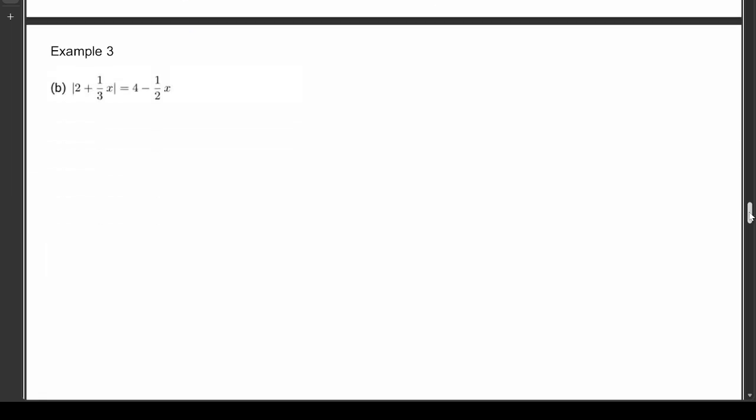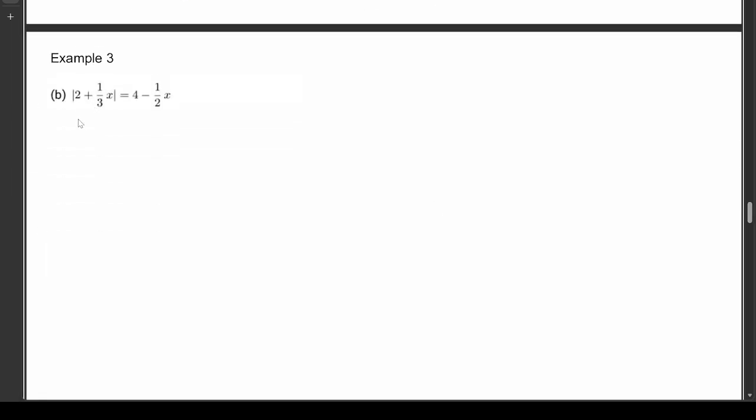Okay. Second one, B. So you can see again very similar modulus equation. Only thing is it has a fraction, right? So you solve it as usual. You have a positive case here. When you remove the modulus, the inside can also be negative.